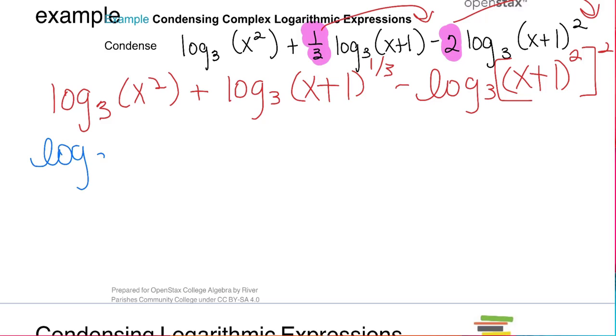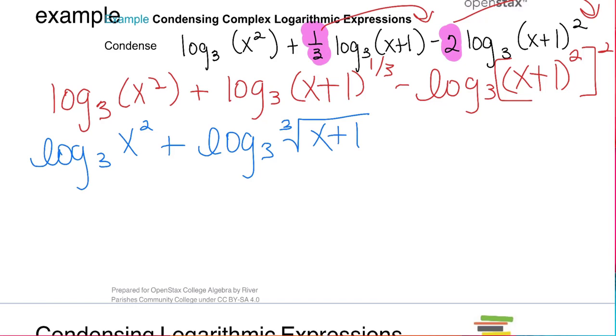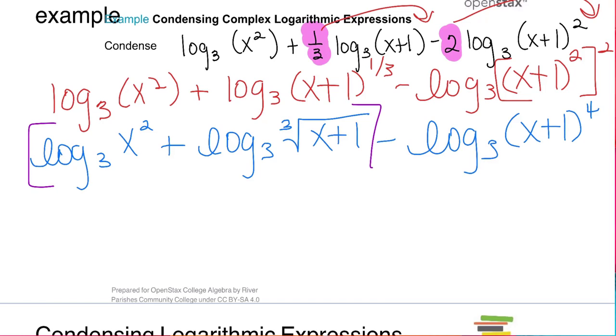So that becomes log base 3 of x squared plus log base 3 of x plus 1 to the 1/3, which we can rewrite as the cube root of x plus 1, minus log base 3 of x plus 1 to the 4th, because you're doing a square of a square, which would be to the 4th. You would multiply. Okay, so now first I would do this addition here.